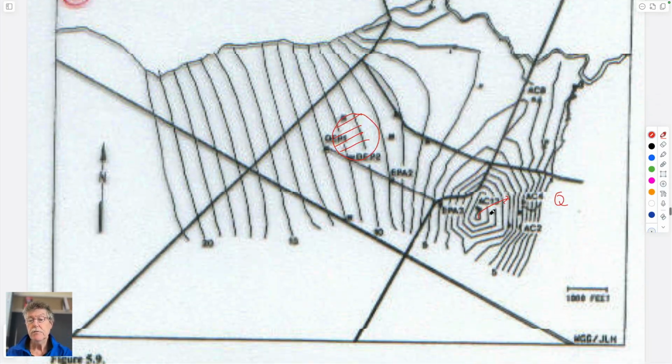And not only if we remove the plume, we keep on removing the plume, we'd stop anything going past this well field and getting further downstream, and we'll capture everything that comes down here. And what flow rate do we have to pump at to do that? And where should the wells be to capture it? Absolutely. And so those are the kind of questions that you might be asked to solve.